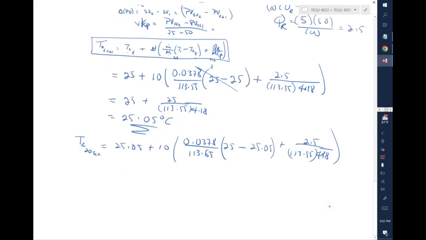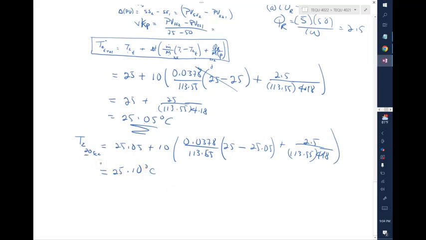So now it's a little bit more complicated on the calculator, but not a big deal. So that would be 25.10, and that's the new temperature at 20 seconds.